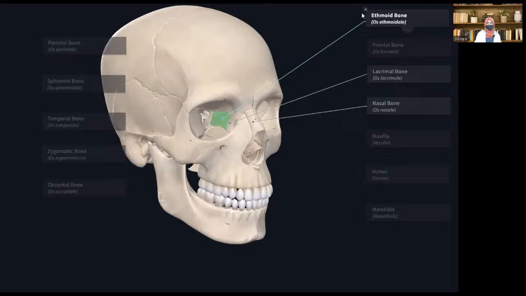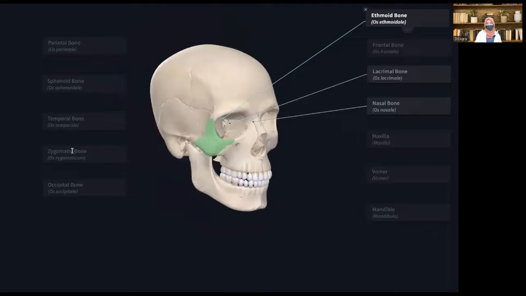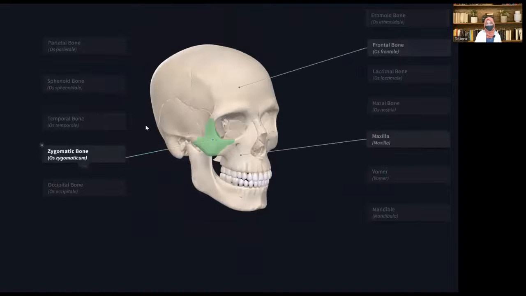Other than the ethmoid bone, we have another bone. This bone is known as the zygomatic bone. This zygomatic bone is an irregular bone. It's actually involved in the framework structure of our cheeks, as it covers the area of the cheeks and the area at the side of the nose, as you can see in this 3D model.